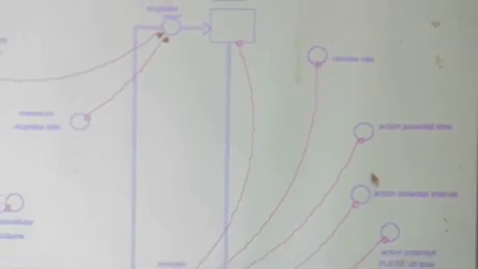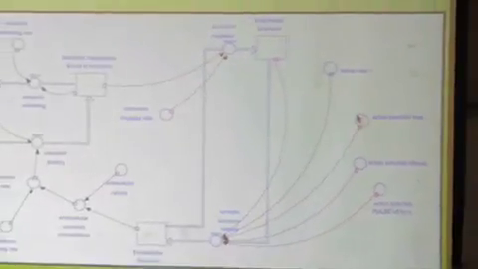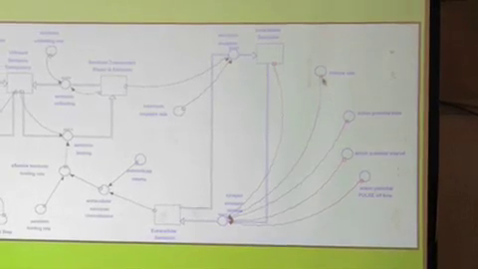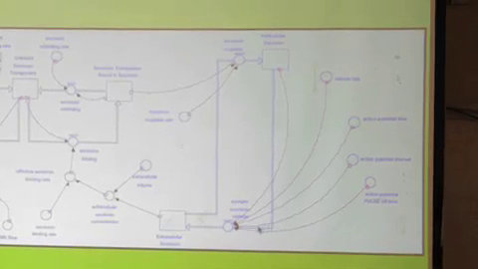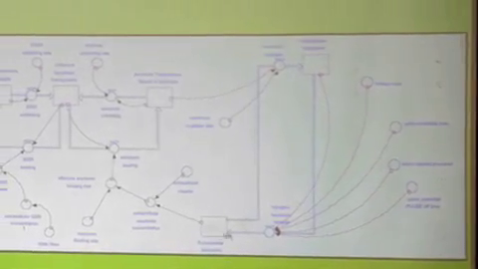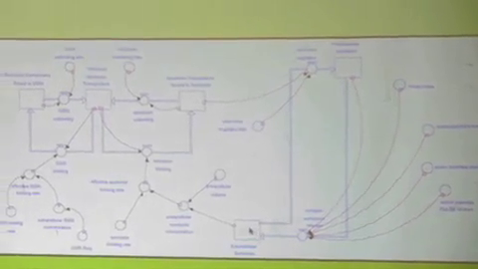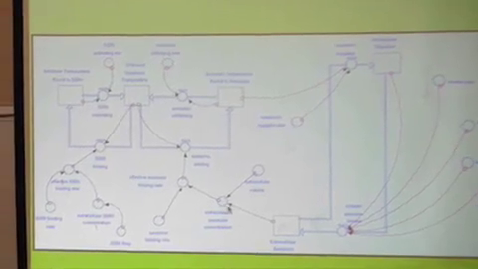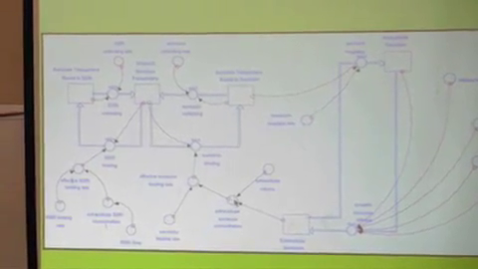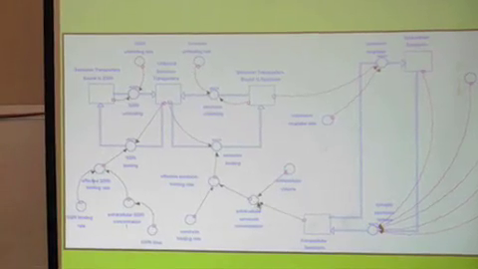You can adjust the amount of time between action potentials, the interval between them. And it causes serotonin to be released through this flow into the synapse, or extracellular serotonin, which controls the concentration of serotonin in the synapse.